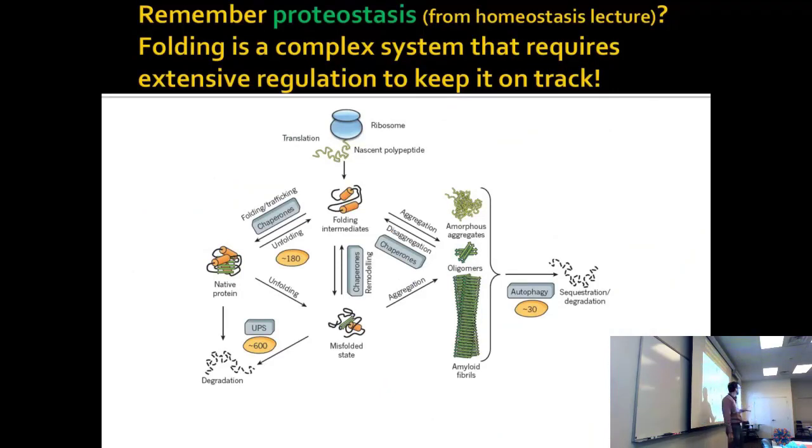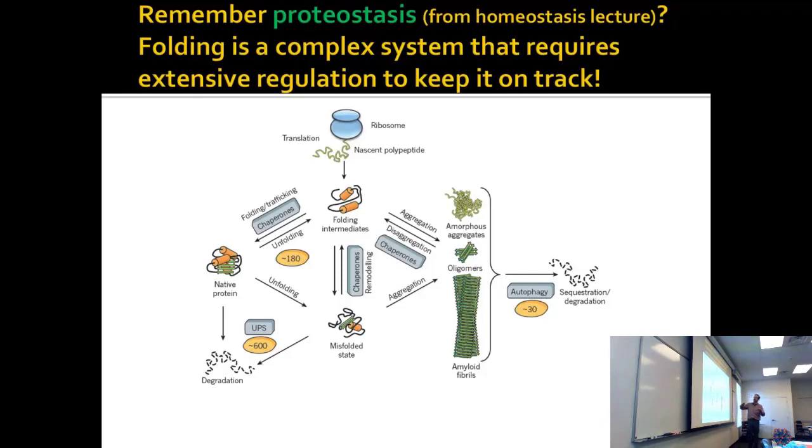So that's why you get pictures like this. Remember, I believe I showed this way back in the homeostasis lecture. You have proteostasis, you have all these different forms of the protein, and you have to get from unfolded to folded, but you have all these different things going around that are changing the possibilities.